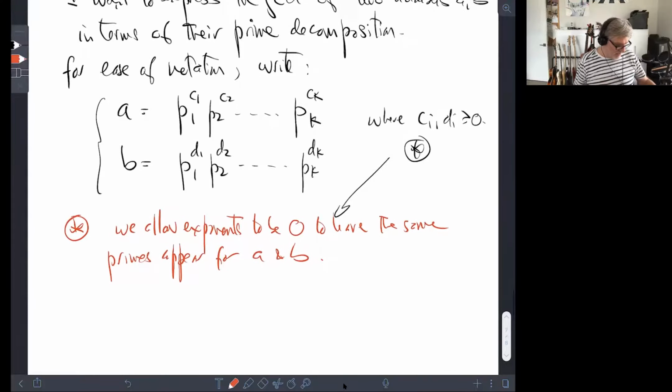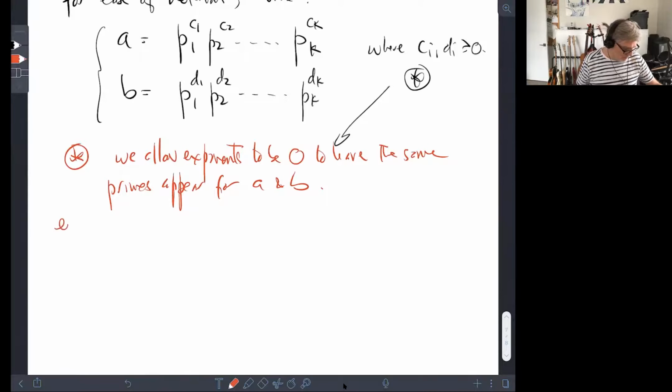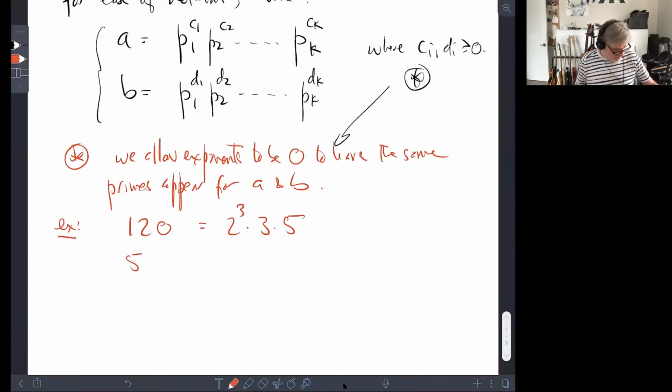But here's an example to illustrate what I'm saying. Let's say that I look at the numbers 120. We saw that earlier. So this is 2 to the power 3 times 3 times 5. But let's say now that I also consider 500.